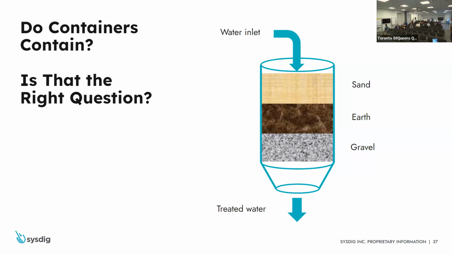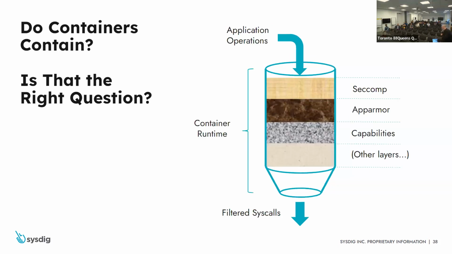So what most of these container runtime systems are doing is filtering those system calls to try to make your systems more secure. It's not perfect because filtering is hard, but that's what they're doing. We have tools inside these runtimes like seccomp and AppArmor and Linux capabilities and all this other stuff, but the point is they're filtering system calls. They try to allow the good ones through and stop the bad ones from happening.